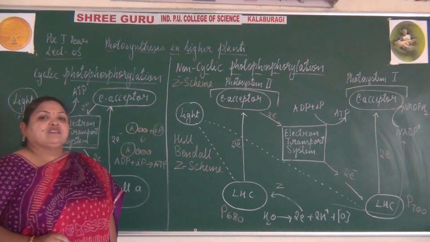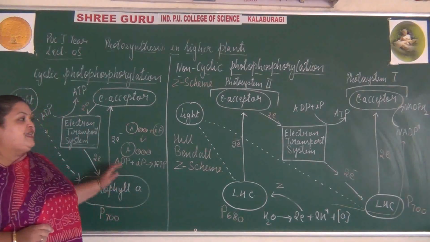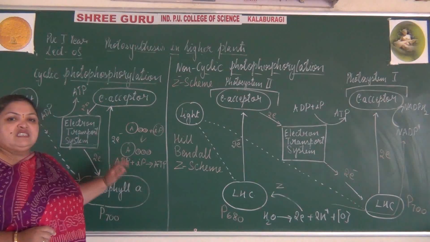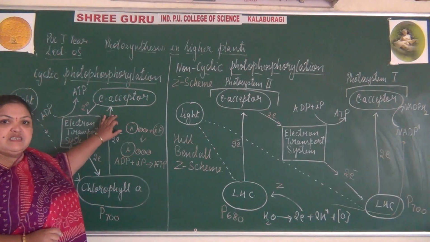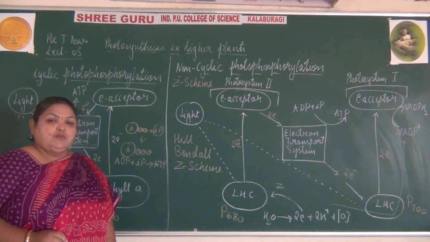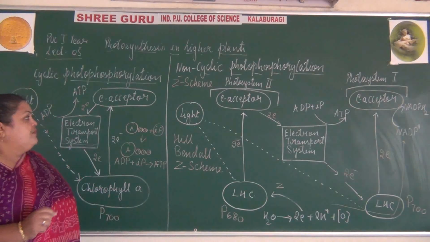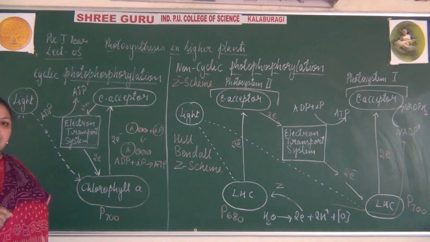In this class, the two important questions are on the schematic representation. Draw the schematic representation of cyclic photophosphorylation and non-cyclic photophosphorylation. In this fifth lecture we have studied cyclic and non-cyclic.